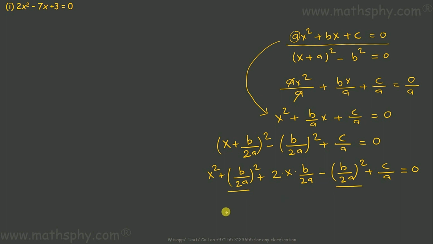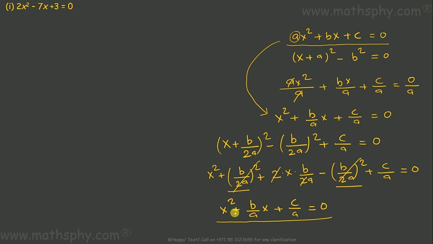This and this can be cancelled. This is positive, this is negative. The 2 cancelled. I'm back to x squared plus b over a x plus c over a equals 0. This was my equation, x squared plus b over a x plus c over a equals 0.